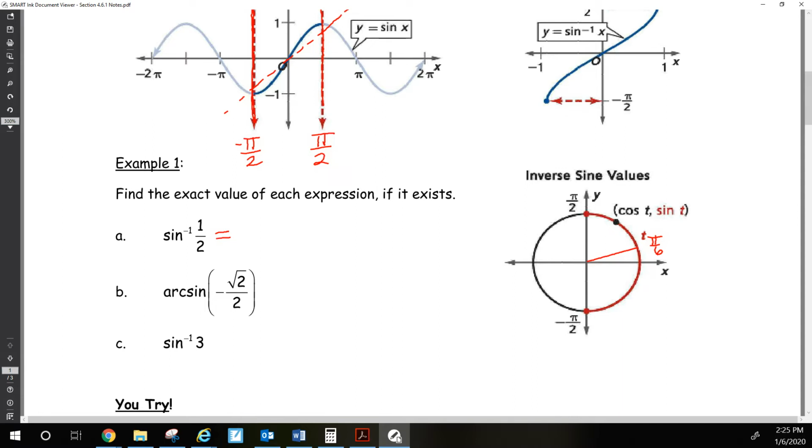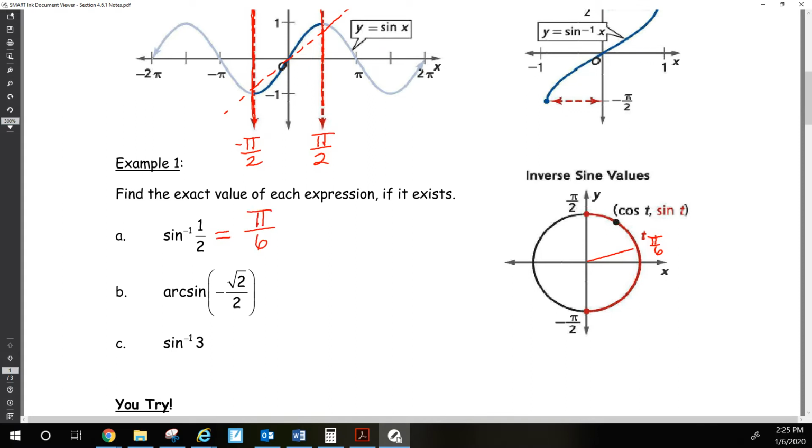That's the only place on this part of the unit circle where it's positive 1/2. Here at 11 pi over 6, it's also 1/2, but down here my y value is negative. So the sine inverse of 1/2, the angle on this portion of my unit circle, is pi over 6.